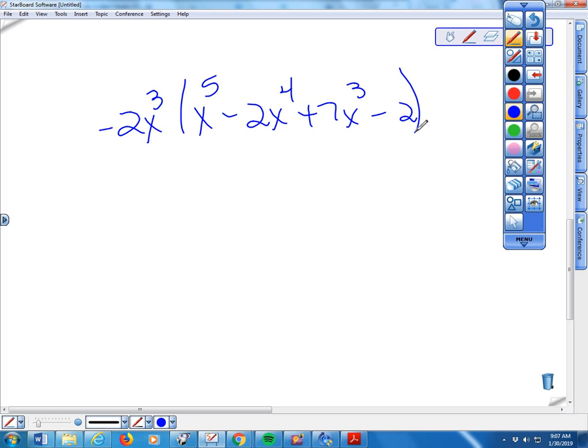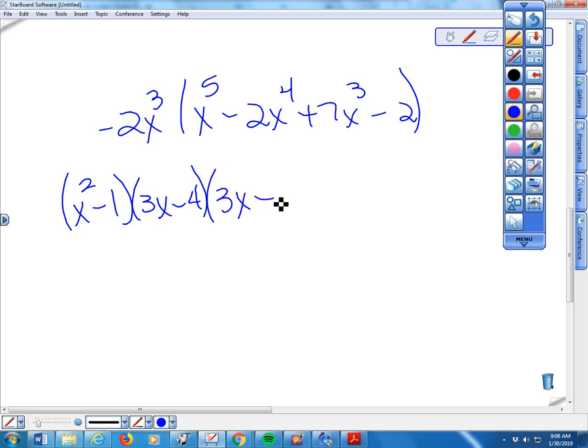Can we do number 1 again? Sure. Let me do one more example. If you get a problem like this one, something like this, think of it as this times this, whatever that is, times this.